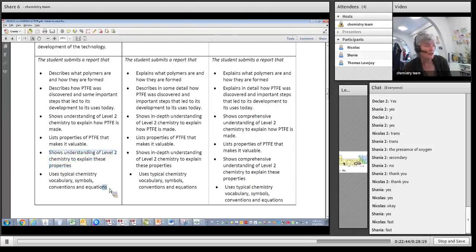And then again, use your typical chemistry conventions. There will be fewer equations in this one than in the catalytic converters, but we still want to see about 3, because you might have one for polymers in the first case, and then one for how it's formed for the polytetrafluoroethene. You draw the structures.